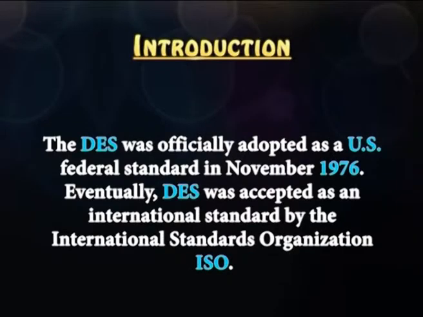Finally, the NBS released the algorithm for public scrutiny and discussion. The DES was officially adopted as a US federal standard in November 1976. Eventually, DES was accepted as an international standard by the International Standards Organization, ISO.